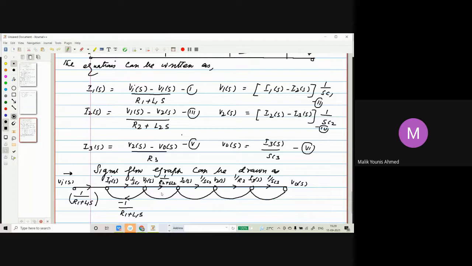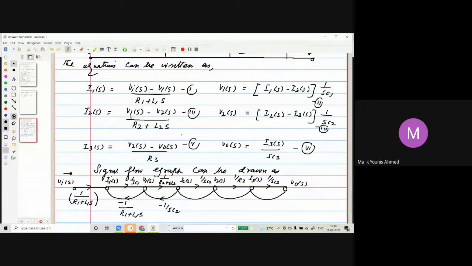Similarly, in the second feedback, what will we be getting? We are getting S1 positive with I1 current, but once we are taking it with I2, it will be negative. I2 will be V1 minus V2 divided by R2 plus SL2.